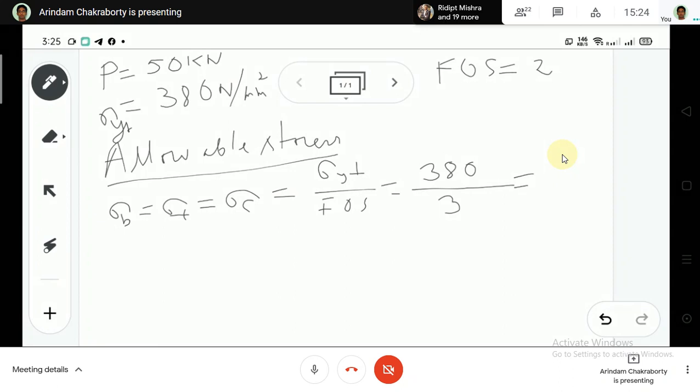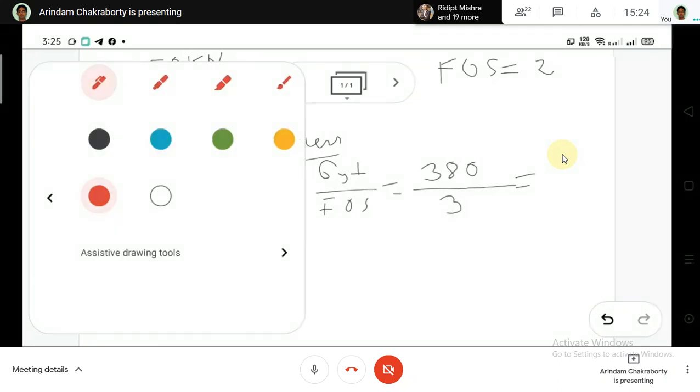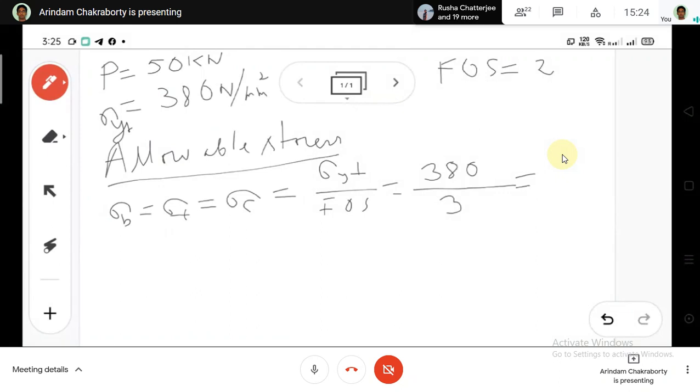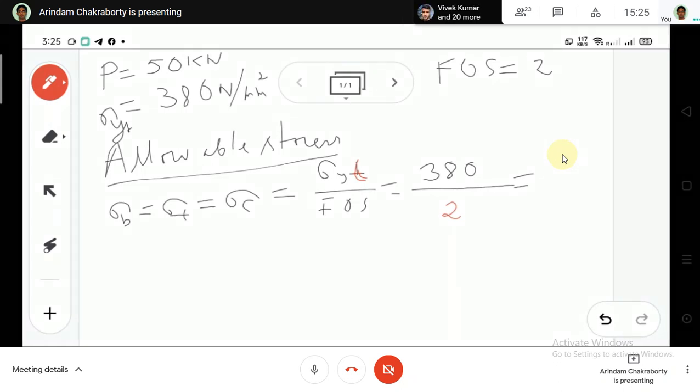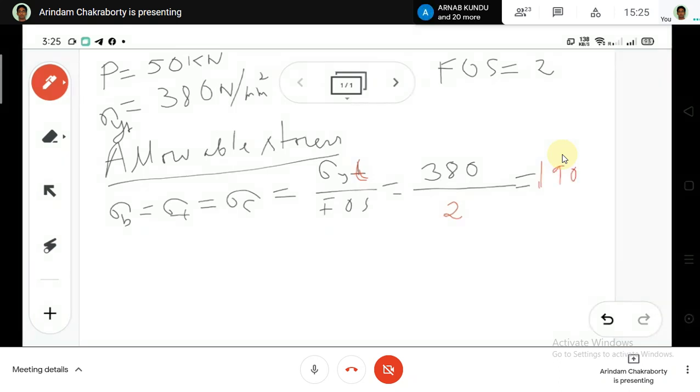How much will it be? 380 divided by 3. Sorry, I'm explaining. It will not be 3, it will be 2. So what would be the value? 190. Perfect. 190 Newton per millimeter square.